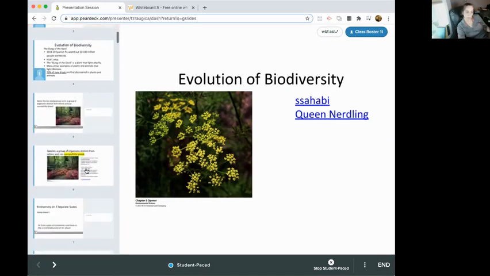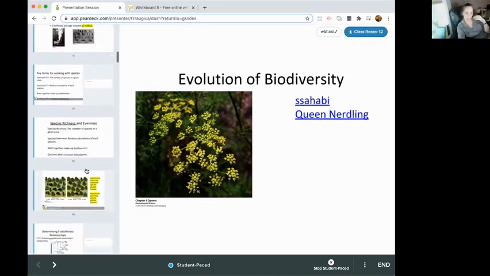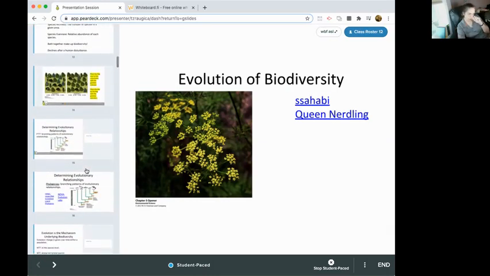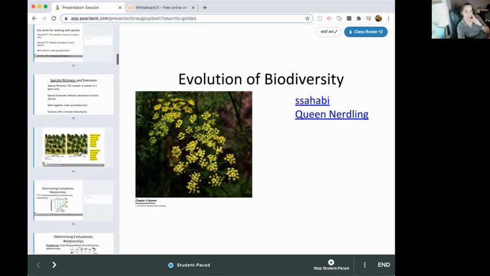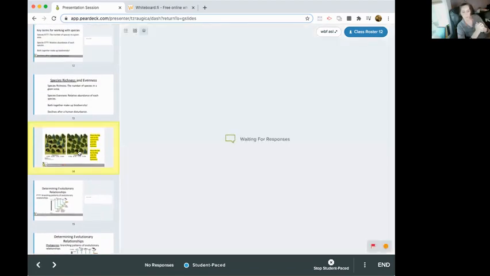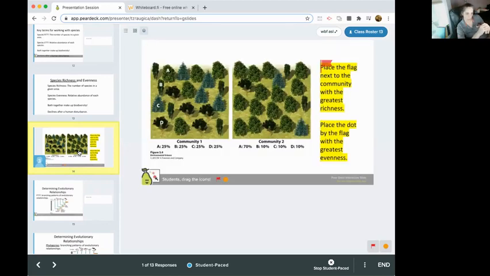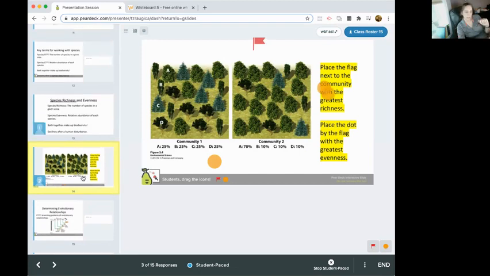You can ignore me or you can check out a couple of the ones that I've seen students struggle with. Slide 14, for example, is a tricky one. So I've been looking at your responses on that one to see if you go back and reread the definition of richness versus evenness, and then what you do with where you put that flag or that dot.